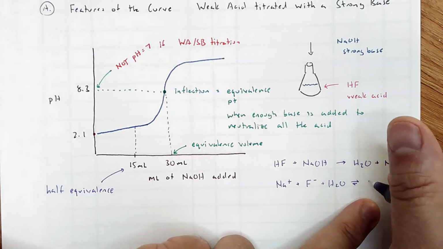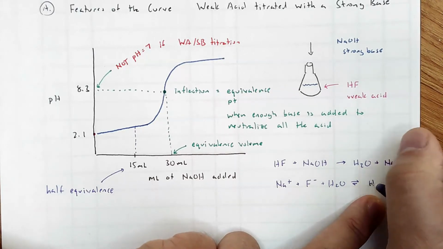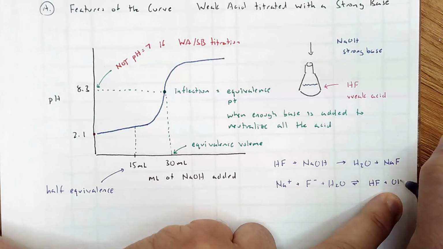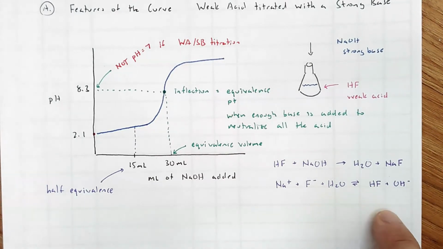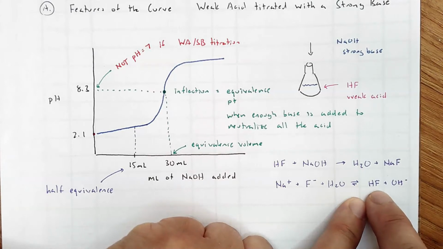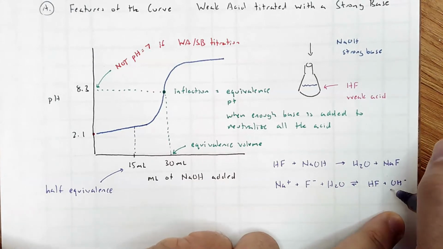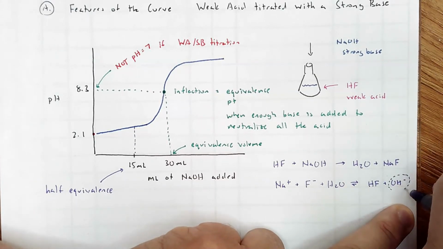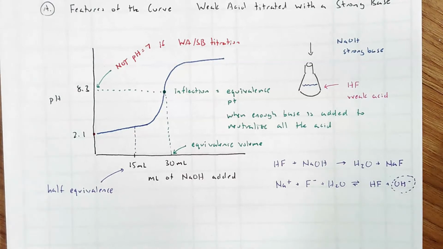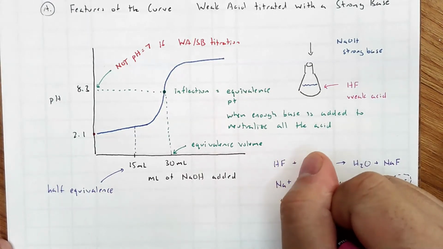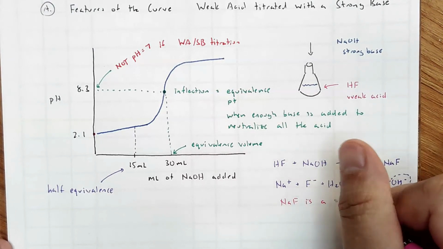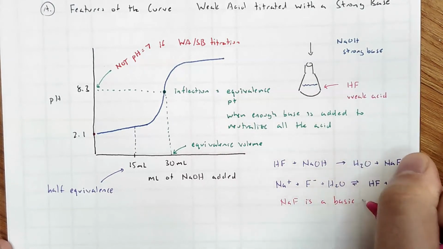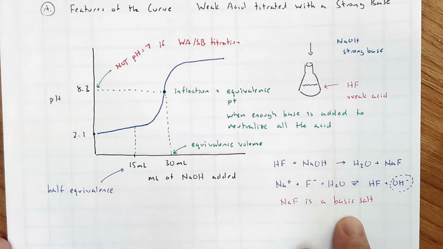Oh, yeah. So you have here HF plus OH minus. Okay, that's a weak acid. All right, so that H is sequestered. You actually have OH minus liberated, right? Because, I'm getting too much in the weeds, but NaF is a basic salt, right?